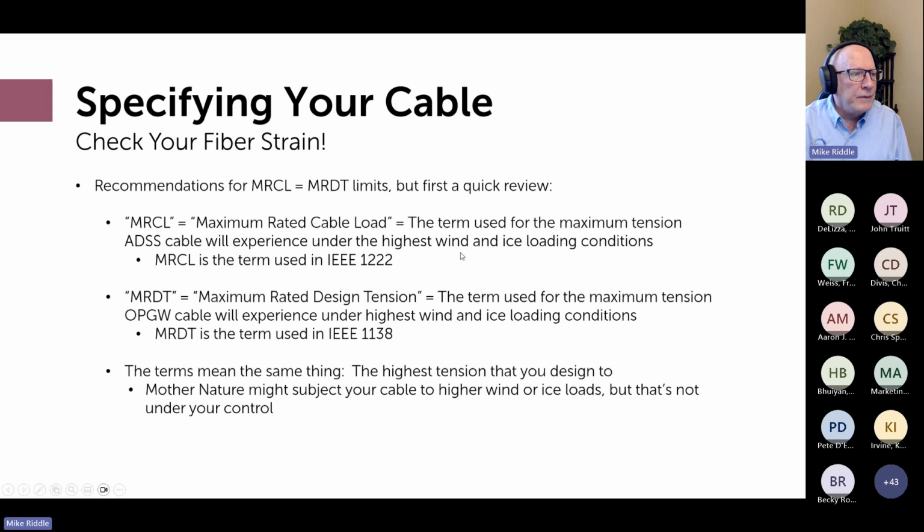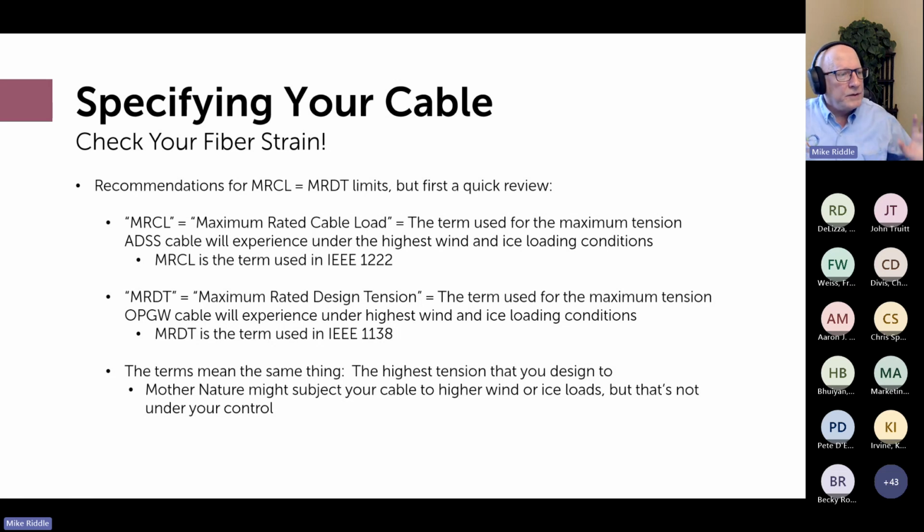But you see the definitions are the same. I think MRDT is a better term. It's a little bit more precise. Design tension versus cable load. I mean, cable load doesn't necessarily imply you're designing to it. It's just whatever the cable load is. But they mean the same thing. It's the highest tension that you're designing to, whatever your assumed ice and wind load conditions are.